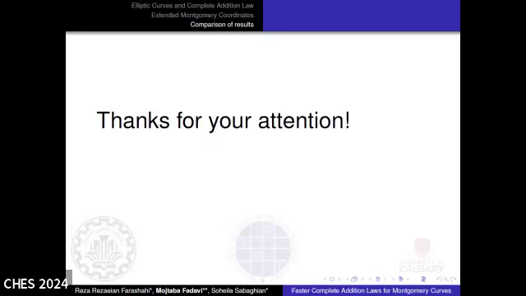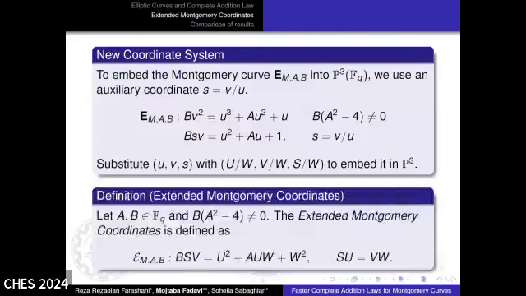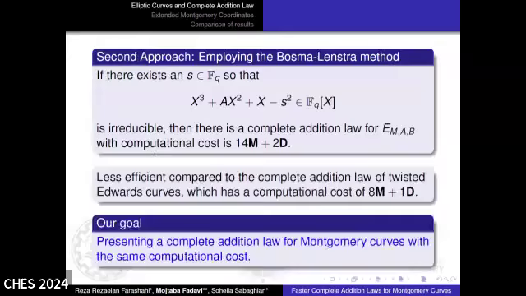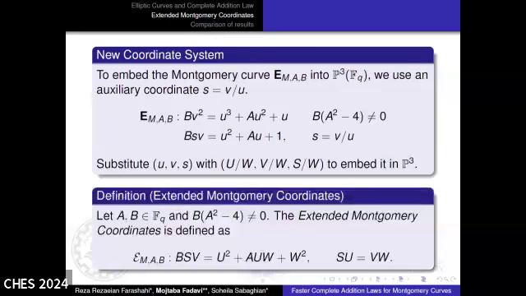Hi, thank you for the presentation. Could you please go back to the slide where you present the extended Montgomery? This one? There, I think the W is in the denominator, so you don't consider the inversion of W to make the conversion?